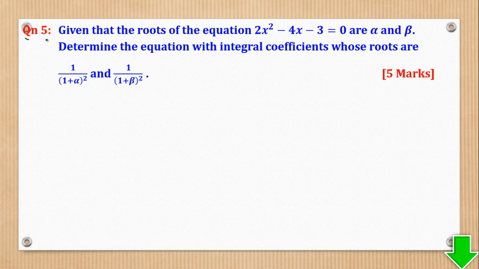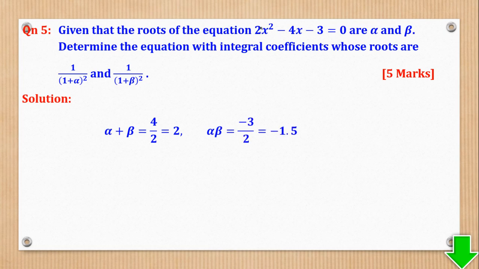Then question 5 says, given that the roots of the equation this are alpha and beta, determine the equation with integral coefficients whose roots are this. So from here, sum of roots is negative of negative 4 over 2 to give you positive 2. Then product is negative 3 over 2 to give you that.